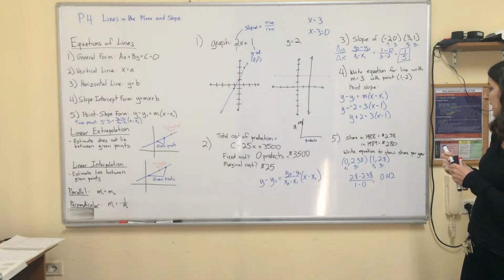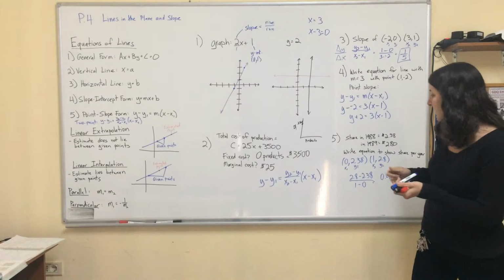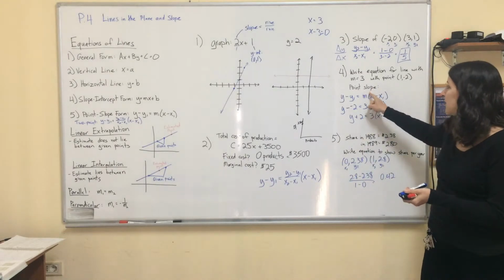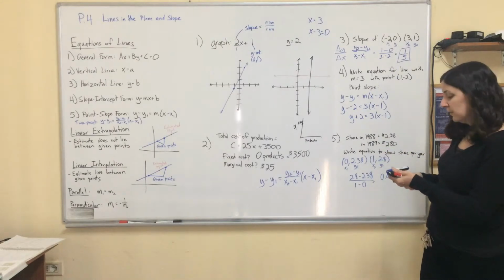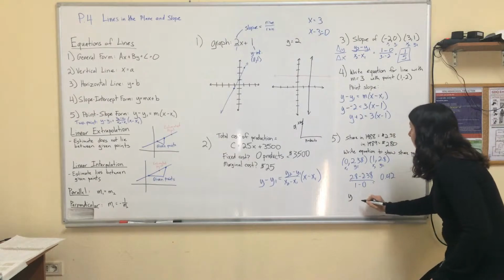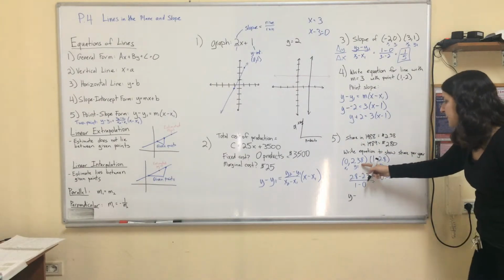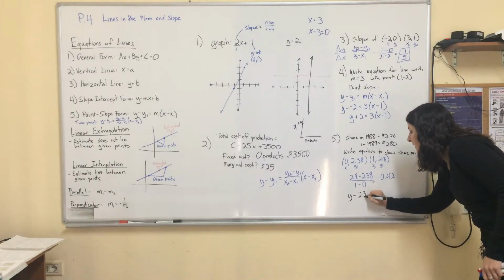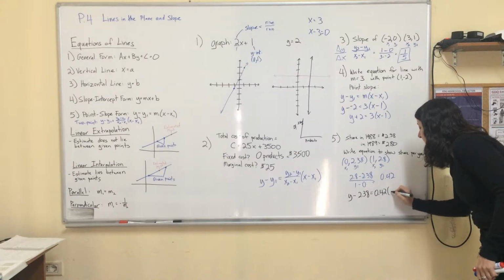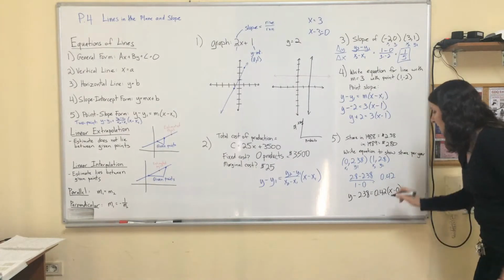So then we want to write this as an equation. Because it doesn't say specifically, we can use the point-slope form, because we have a point and the slope. So y minus y1, let's use this point because it's 0, 2.38, equals 0.42, the slope, times x minus x1, which is 0.